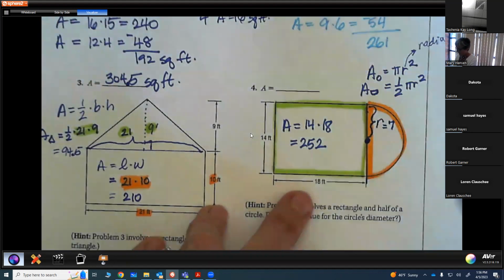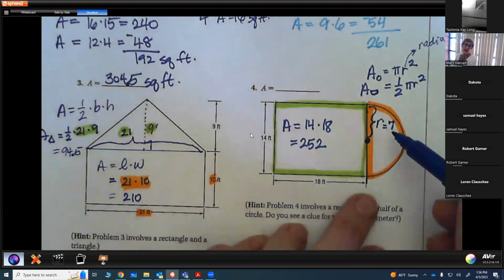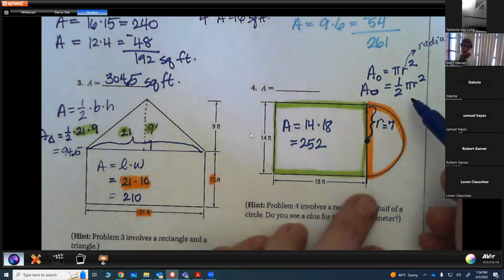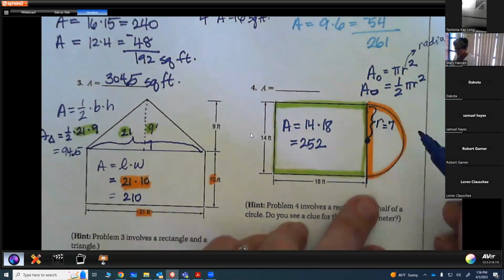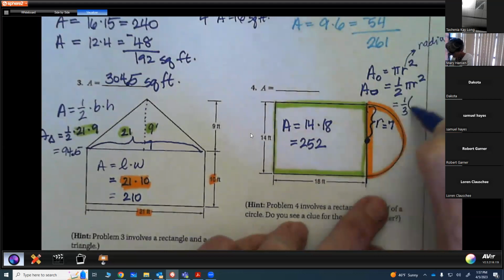And so now we calculate the area of the half circle by doing pi, which you have a key on your calculator that's a pi key, but don't use it because on the formula sheet, the GED is always going to have you use 3.14. And so that's just a good habit to get into.